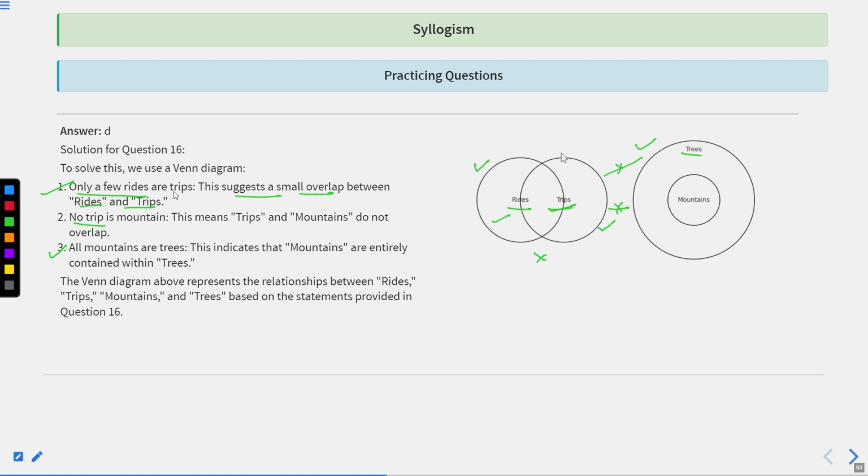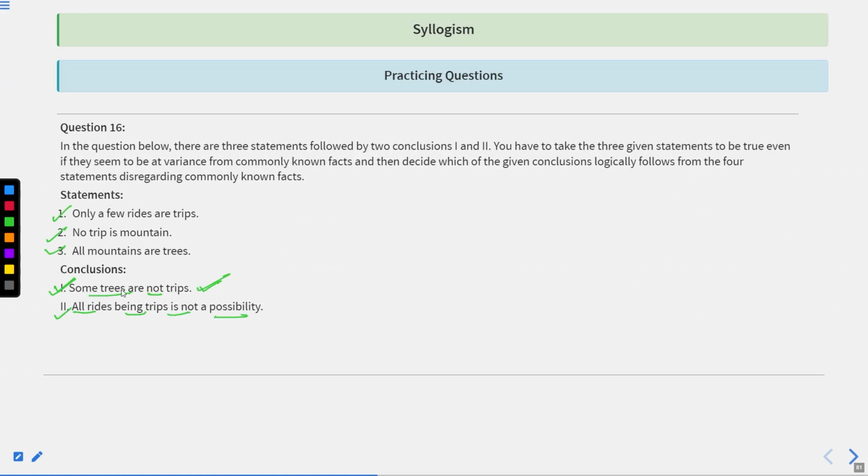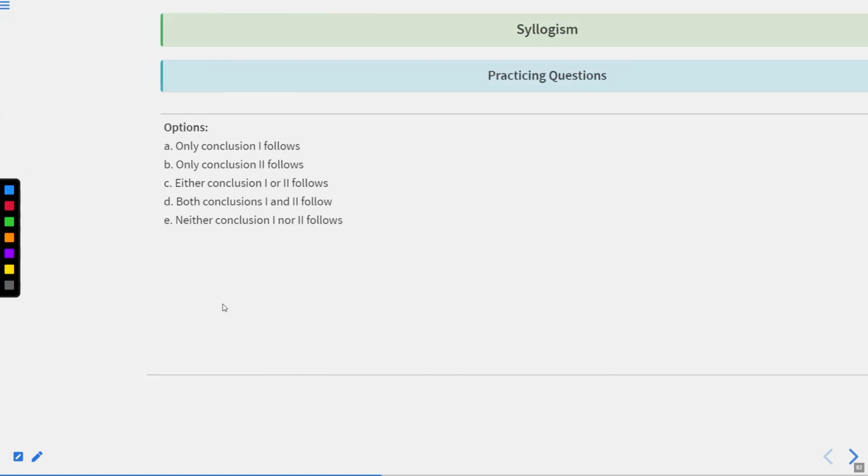In the same manner, since only a few rides are trips, all rides being trips is not a possibility.